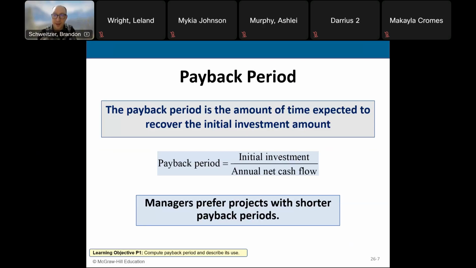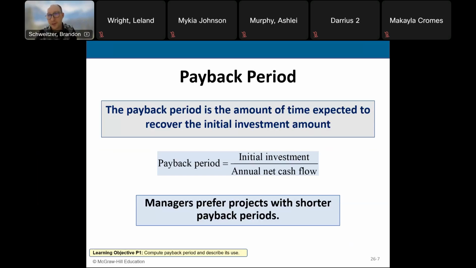That gives you net cash flow. Cash coming in minus cash going out gets you net cash flow. Okay. Annual net cash flow is at the end of the year, how much cash came in minus the amount of cash that went out. Annual net cash flow. It's usually an estimate, when we're making an investment decision.